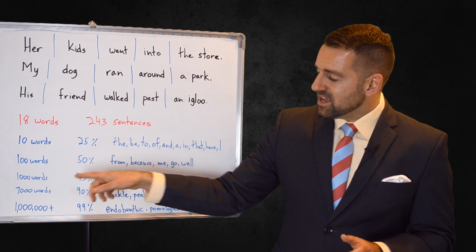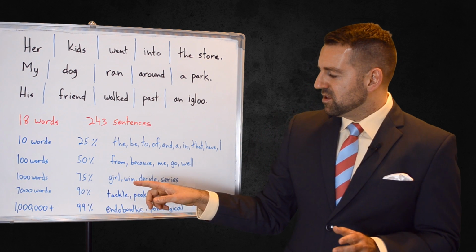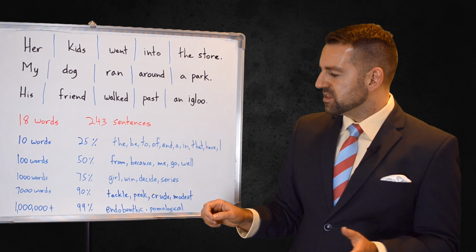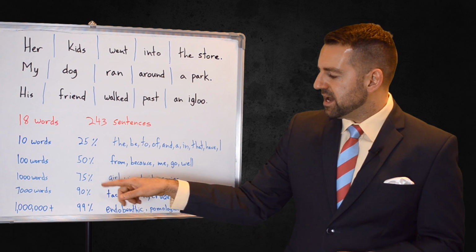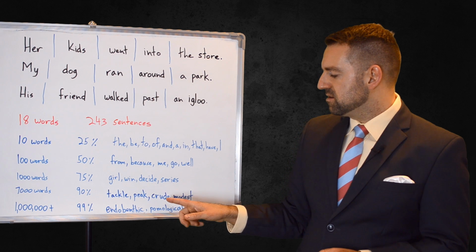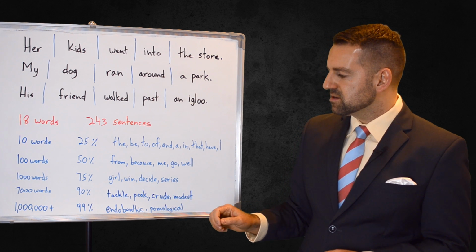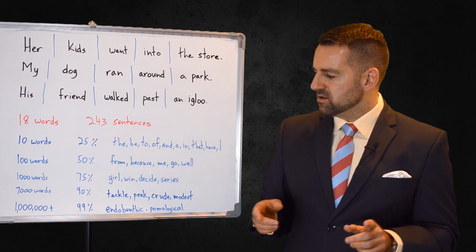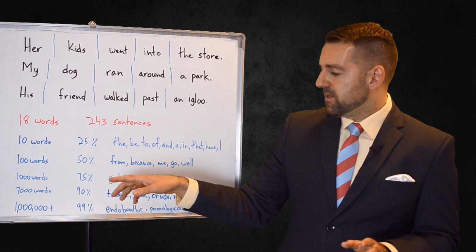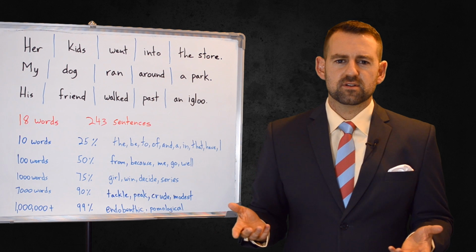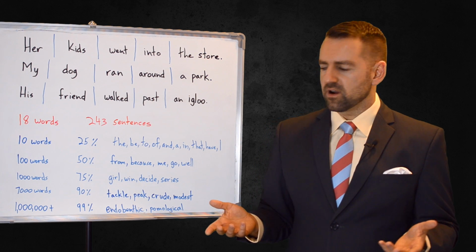Okay, 7,000 words is roughly 90% of the English language. So in that category, we have tackle, peak, crude, modest. These words are getting a little bit harder. Okay, how many words are there in English? Nobody knows how many words there are.